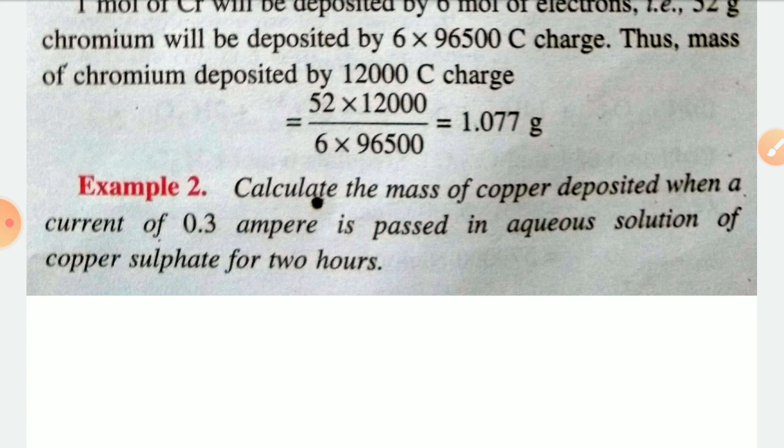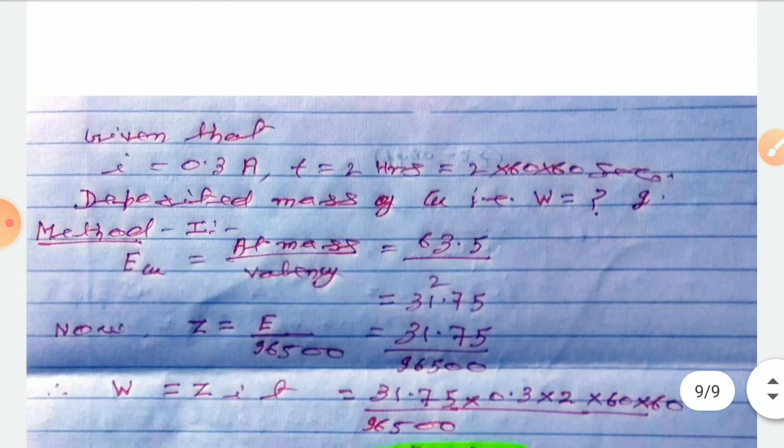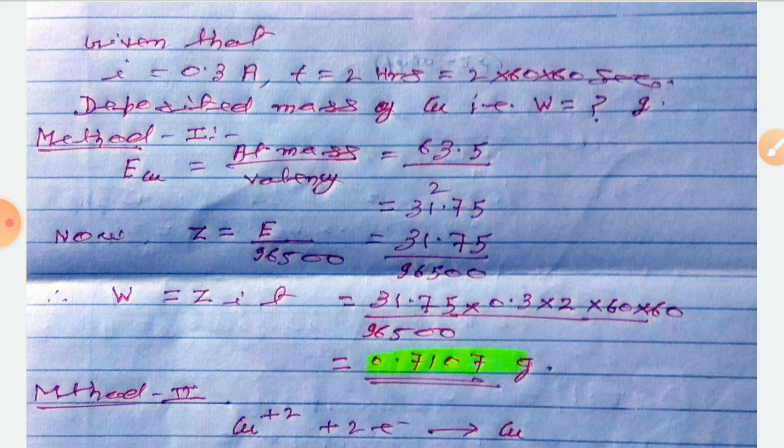We may solve this question in two ways, by two methods. First of all, in this question the current value, I, is equal to 0.3 ampere, and time is 2 hours. Here we have to convert time from hours into seconds.